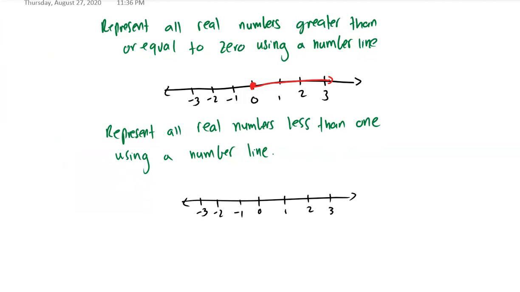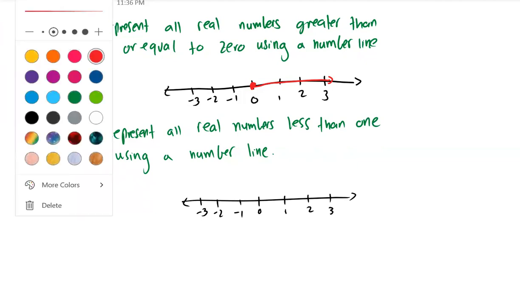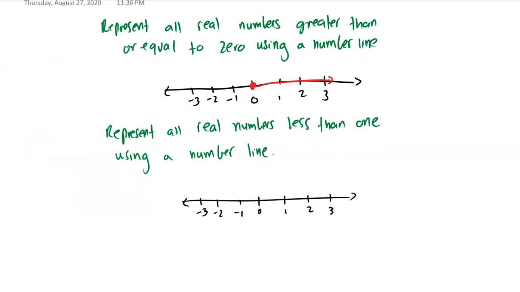And then, since we want all real numbers less than 1, it's not less than or equal to 1, it is less than 1, so it's different. Compare less than to greater than or equal to. How do you denote the fact that you're not including 1 on a number line? Instead of a filled-in dot, you use an open dot like this. And since we want all numbers less than 1, I just draw the arrow going towards the numbers less than 1.